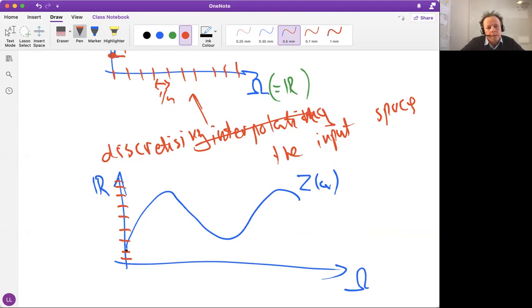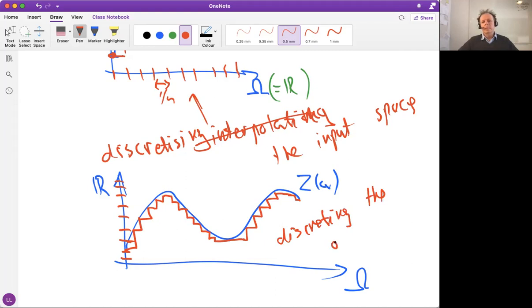And we say that this function is here of this value, and in this part it's that value. And then we say that we always round down this function to the grid in the output space. So if Z takes this value, we round it down to this value. And in this way, we could interpolate Z in this form. And this is discretizing the output space.